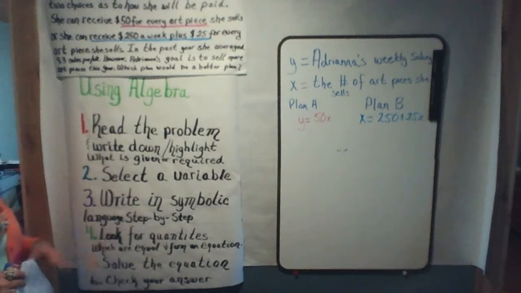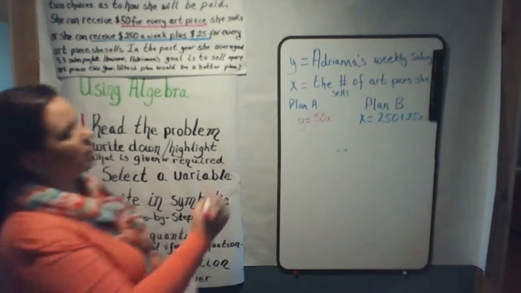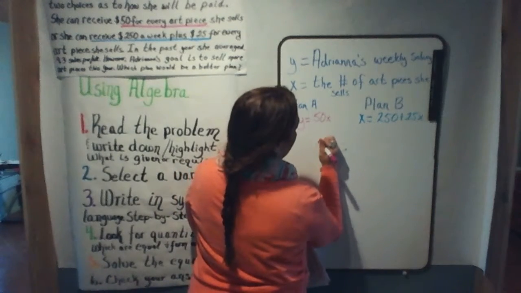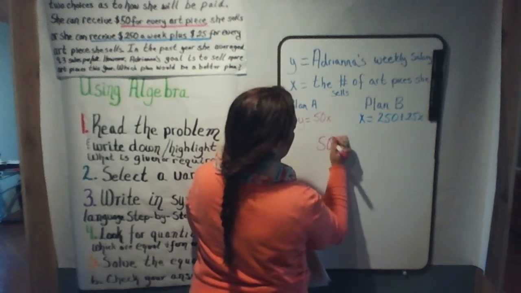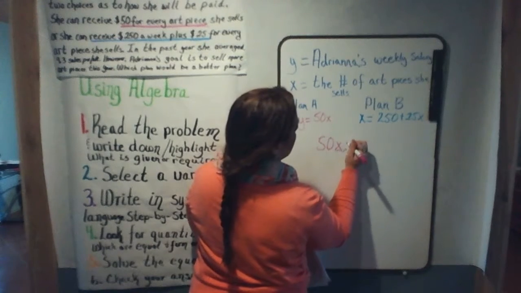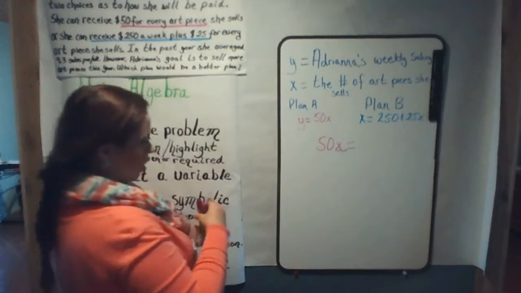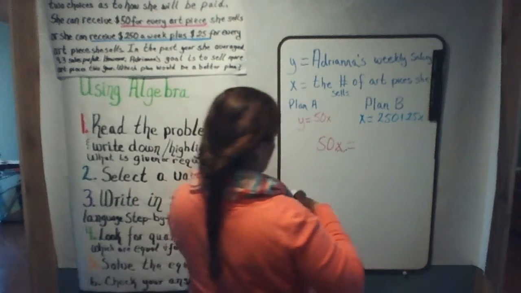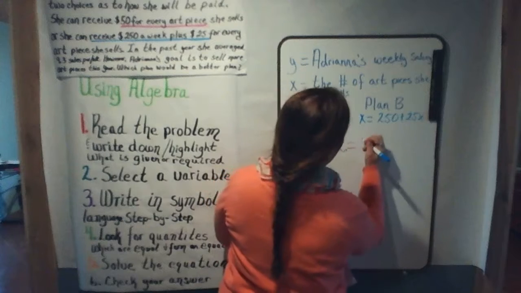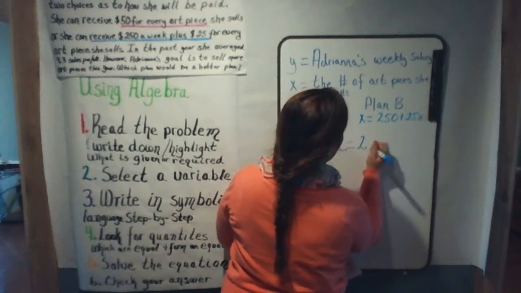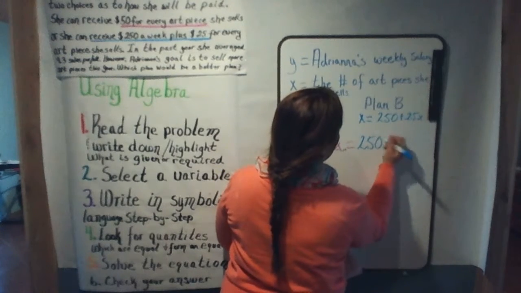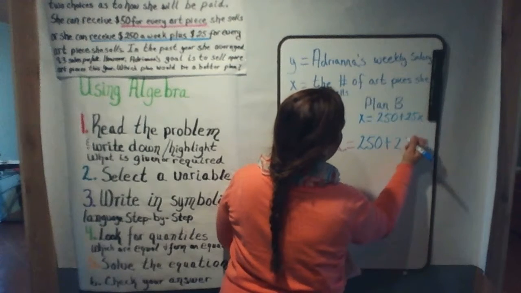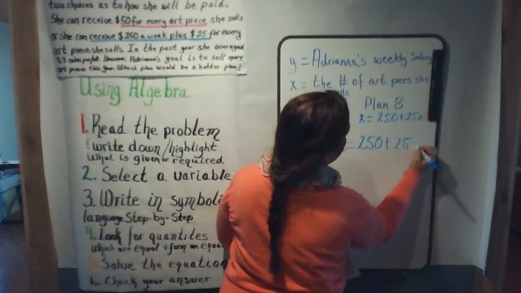Okay, so let's set up an equation. We are going to have an equation of 50 times how many pieces, equals $250 plus 25 for every art piece.